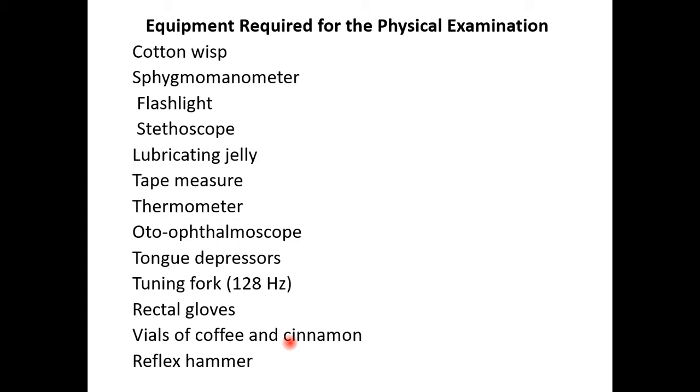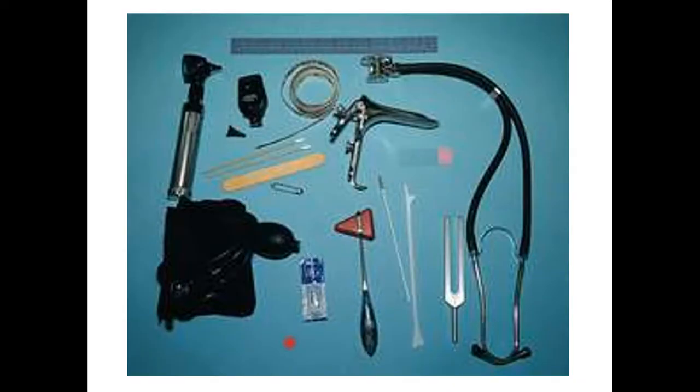For example, if you want to examine the first cranial nerve, the olfactory nerve, you may need special odor or smell. Reflex hammer if you want to do a reflex. So these are the tools you may need during examination of the patients.